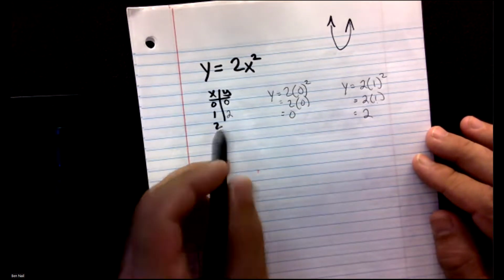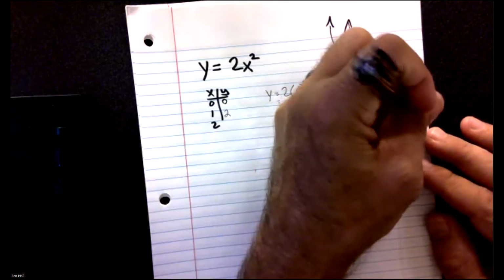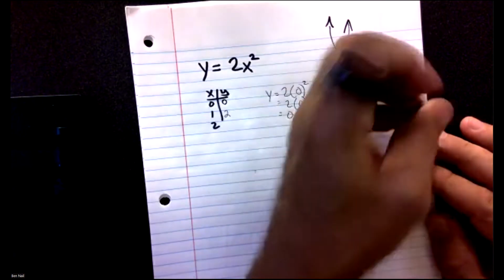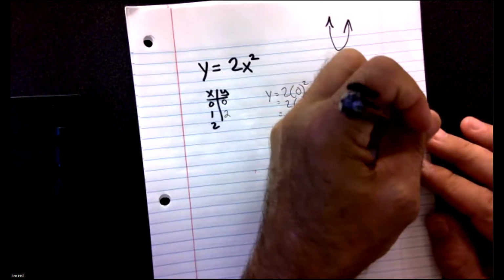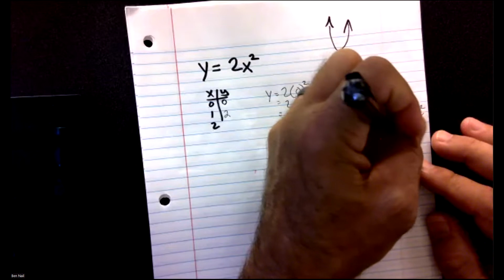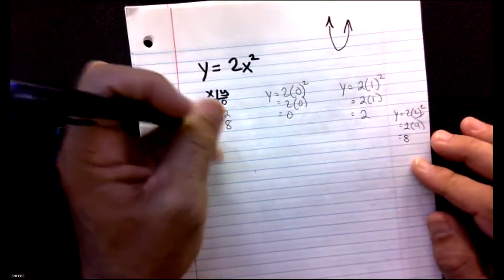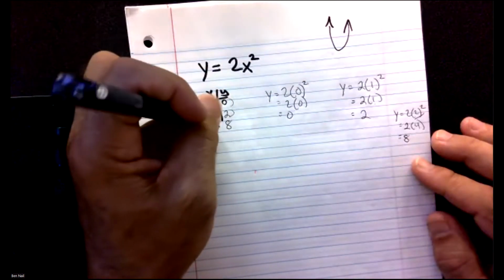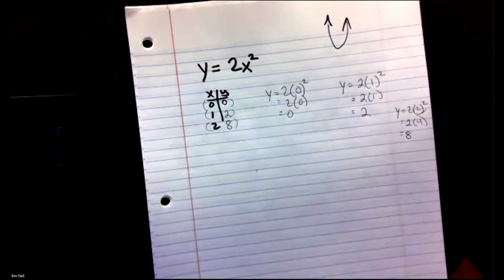Last but not least, I'm going to do the 2. So y equals 2 times 2 squared. 2 squared is 4. And then 2 times 4 is 8. So those 3 points define where my graph is. Now, the good news is you can just plot those points in my math lab and it will graph it for you.